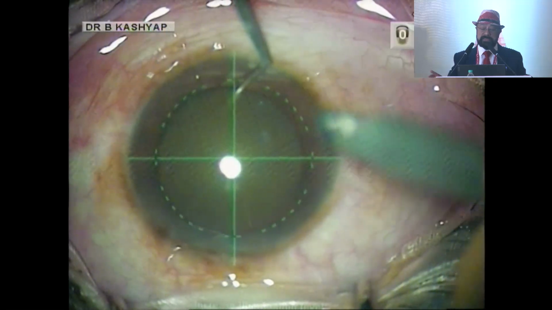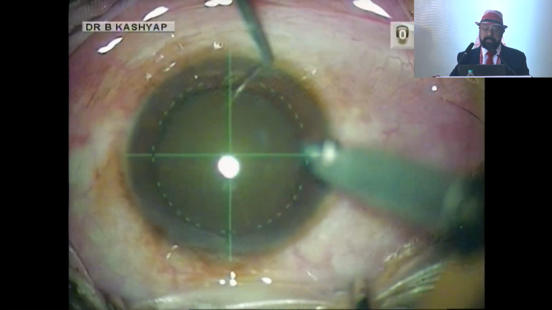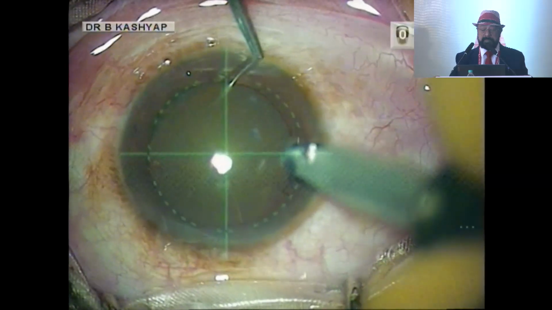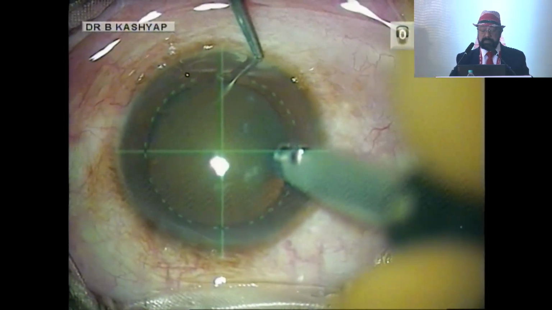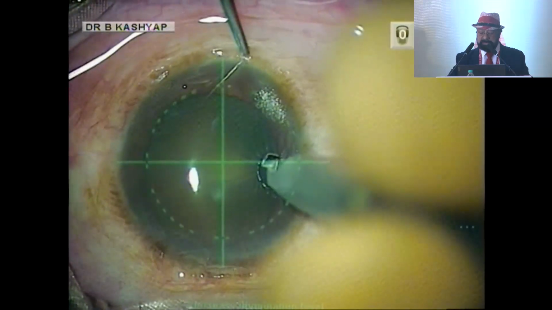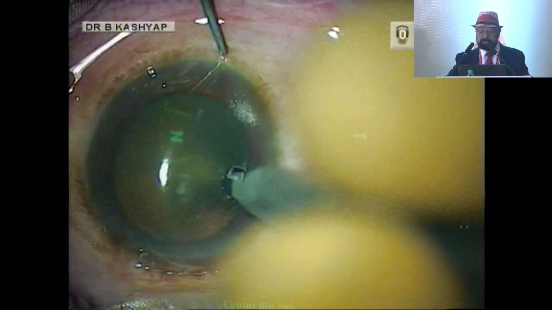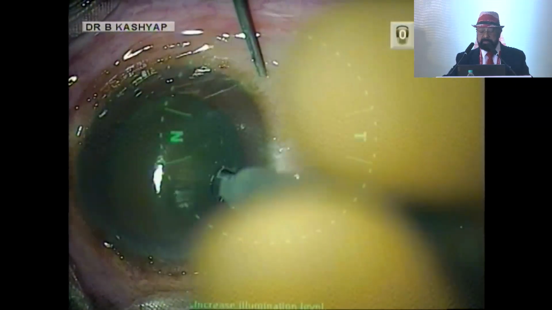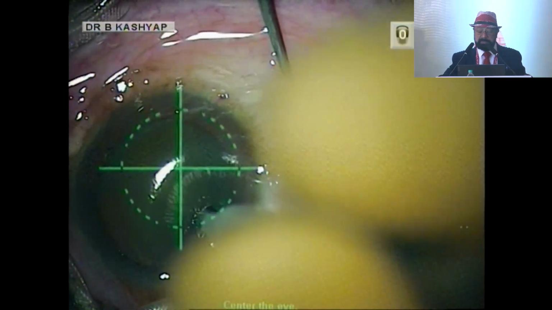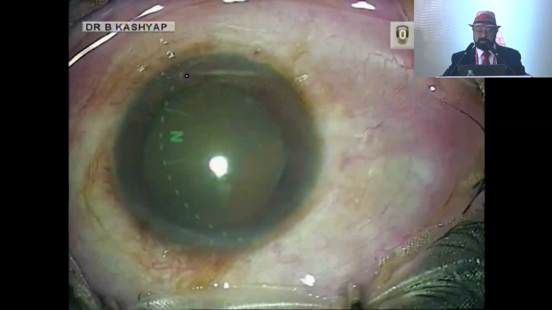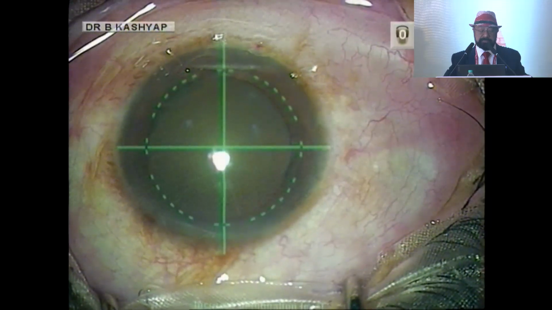Now the incision starts. Can't afford to slip.